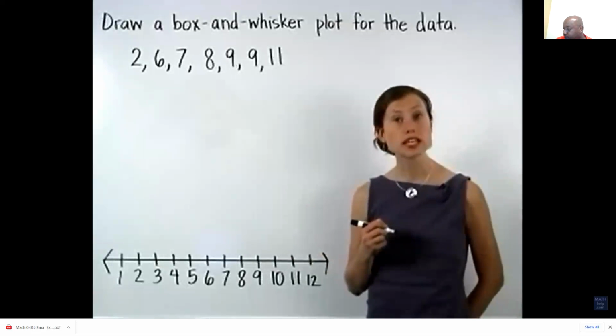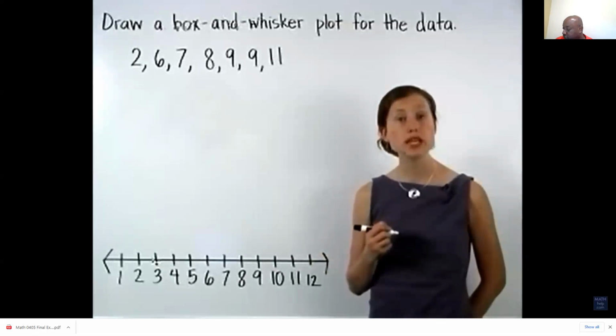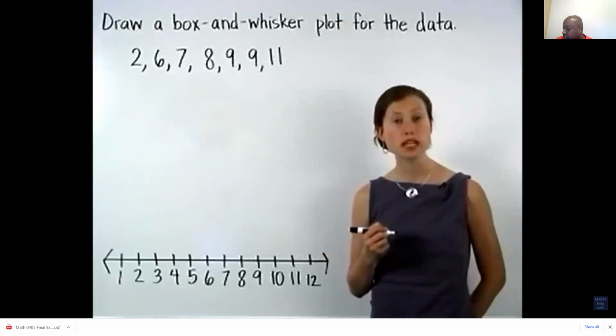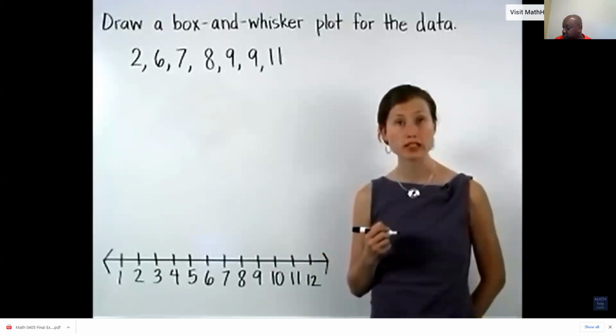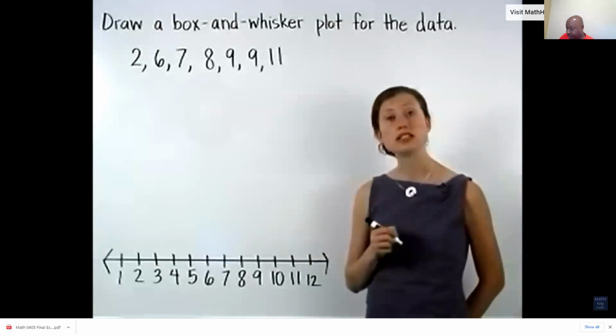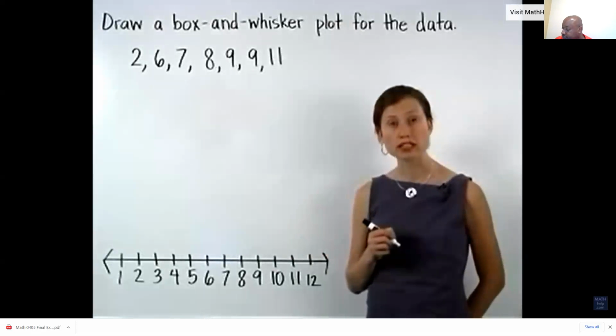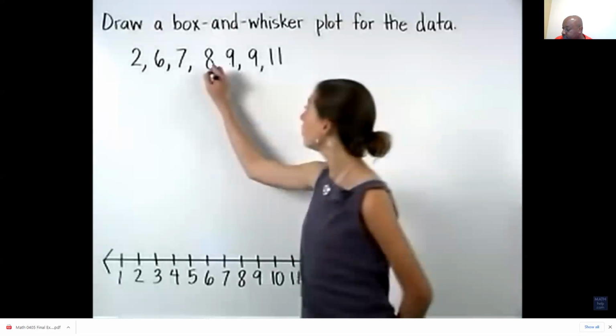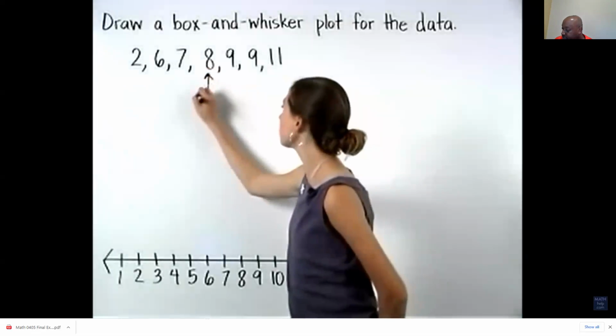Next, we find the second quartile, which is the median of the entire data set. Remember that the median is the middle number when the data is written from least to greatest. Since this data is already written from least to greatest, then the middle number, or 8, will be the second quartile.